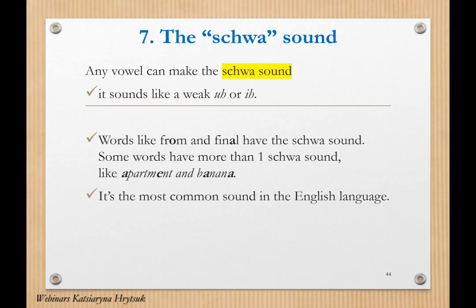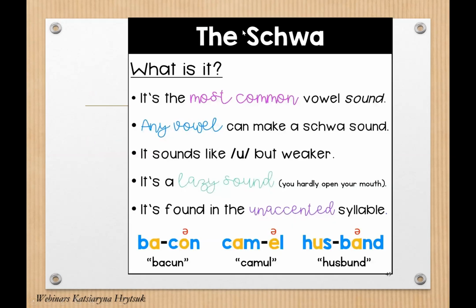It's very fast sound in English, which we don't pronounce fully. It can be at the beginning, from and final, so it can be the beginning, the end, or in the middle. Clear? So this is schwa sound.